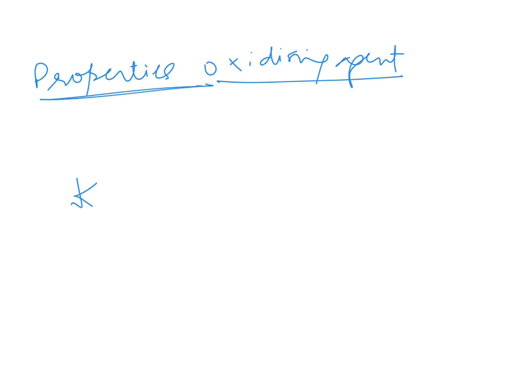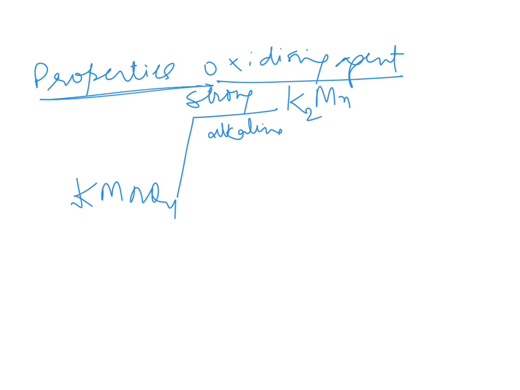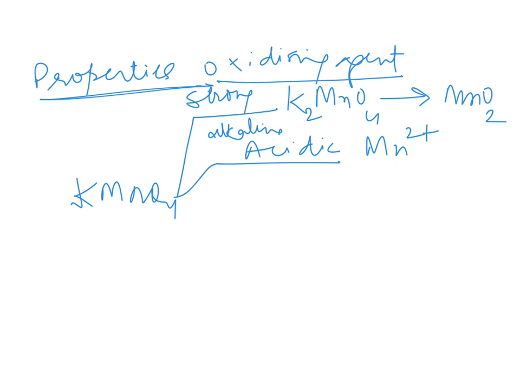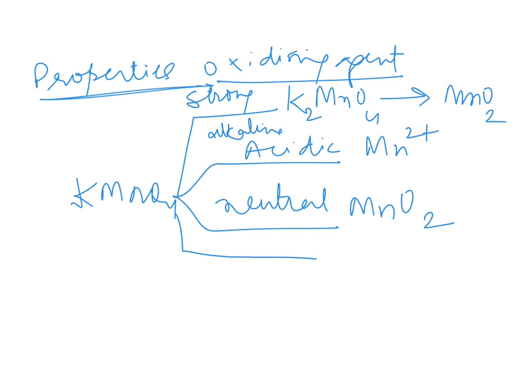So KMnO4 in strong alkaline medium converts into K2MnO4, which gives MnO2. In acidic medium, it gives Mn2+. In neutral medium, MnO2. So very important, you must note down these reactions.